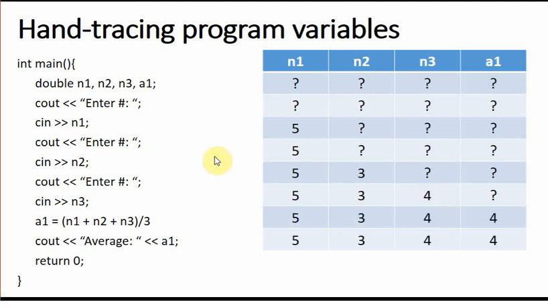Then we perform our calculation, and the average coincidentally happens to be 4 for A1. Then we display. So this way you always know what the values are. And so whenever you see a reference to a variable, you know to go back to your table to find out what the value is. And that's a hand tracing table. Invaluable skill.